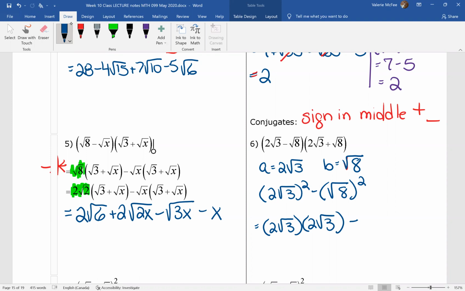We know that it equals 8. What about 2 root 3 times 2 root 3? 2 times 2 is 4. Root 3 times root 3 is 3. So this gives me 12 minus 8, which equals 4.